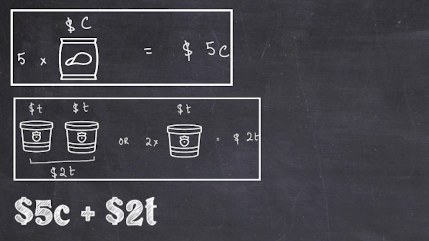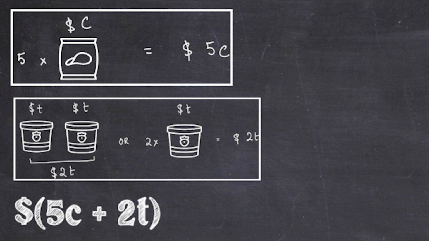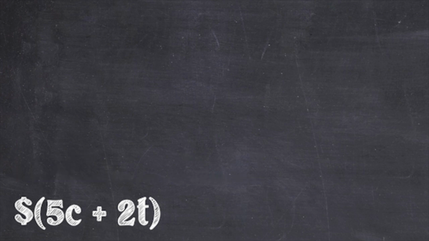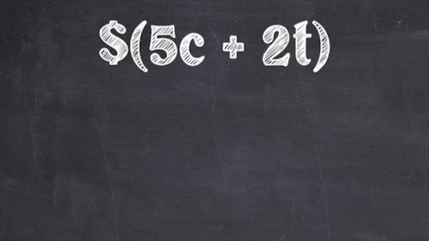So our algebraic expression is 5C dollars plus 2T dollars, or dollars parenthesis 5C plus 2T end parenthesis. Hence, Peter spends dollars parenthesis 5C plus 2T end parenthesis on snacks. 5C plus 2T is a classic example of an algebraic expression.